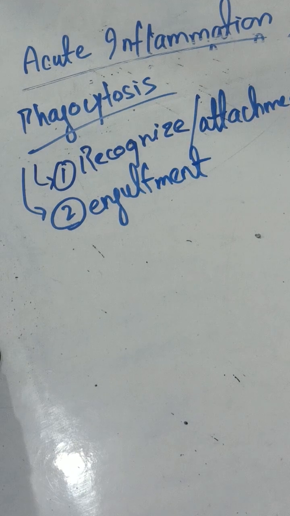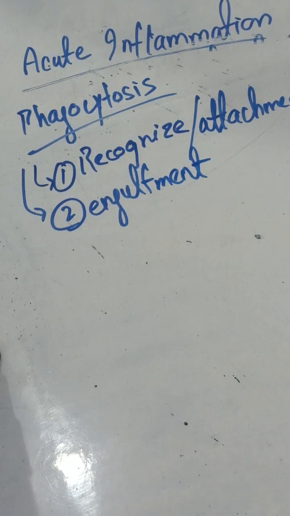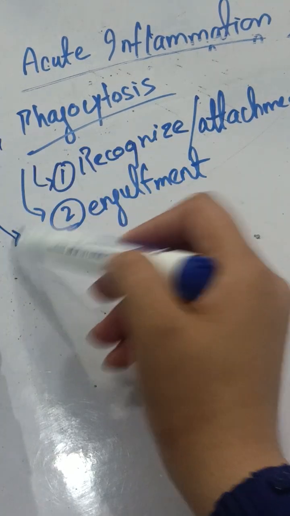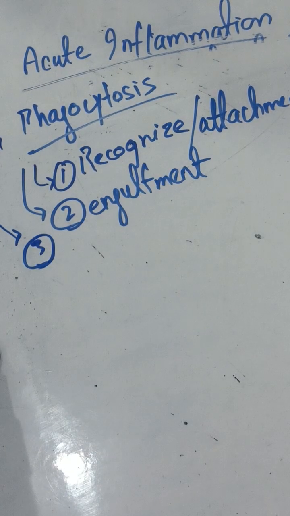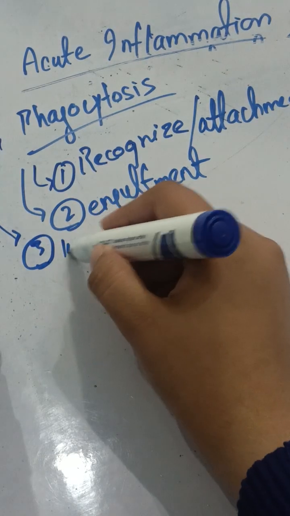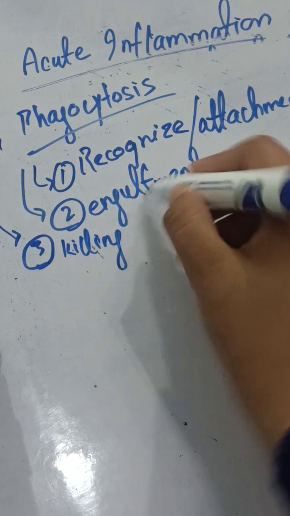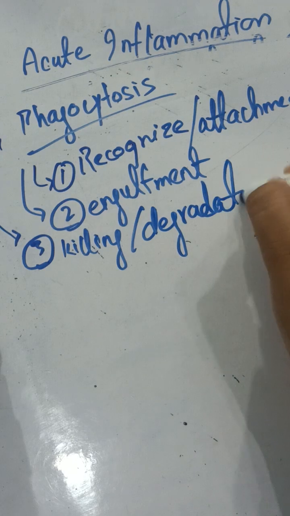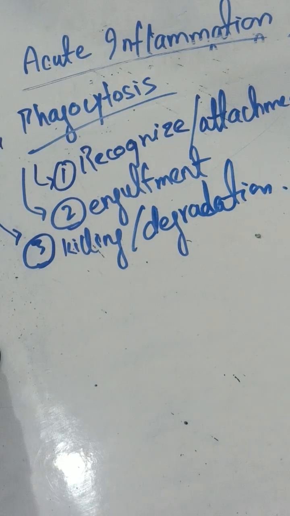Then your leukocytes will try to engulf that microbe or dead cell. The third step includes the killing process, or degradation. So in acute inflammation, phagocytosis occurs in three steps: recognition of the microbe and attachment, then engulfment, and at the last step the killing or degradation of that particular microbe.